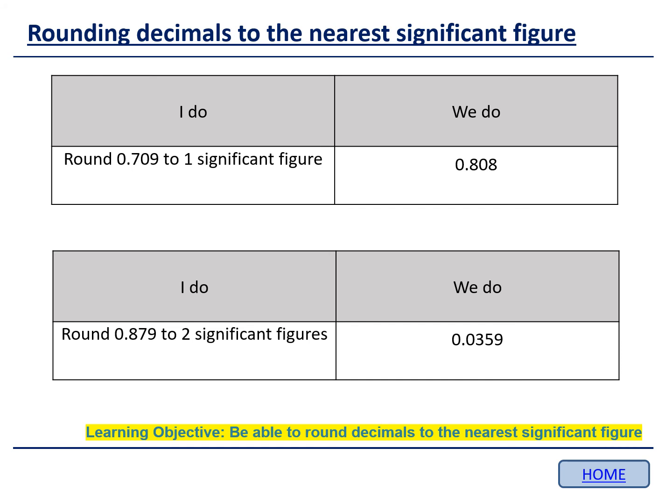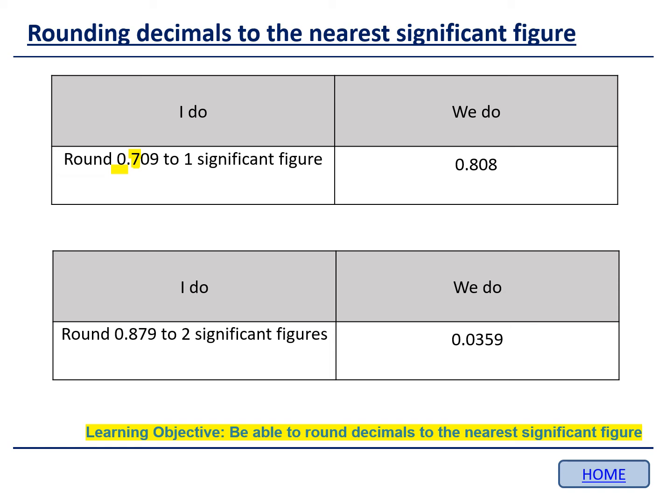Okay, some more. So my turn, round 0.709 to one significant figure. Again, nothing represented in the ones column, so we're looking at the 7. Okay, we can see there's nothing in the hundredths column.